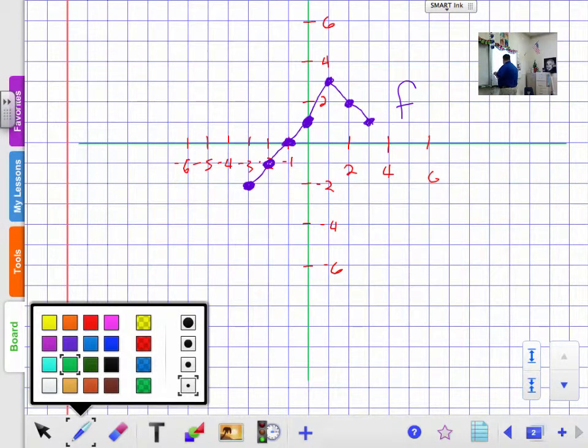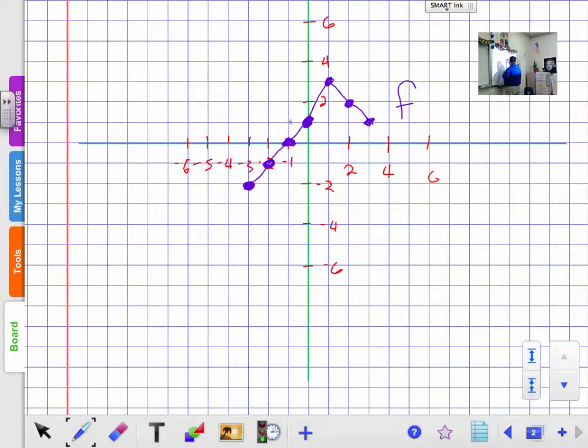And now what it wants us to do is plot G. So G has a point at -1, 1, and at the point 0, 2, and then this point here, 1, 2, and then 2, 0, and then 3, -1.